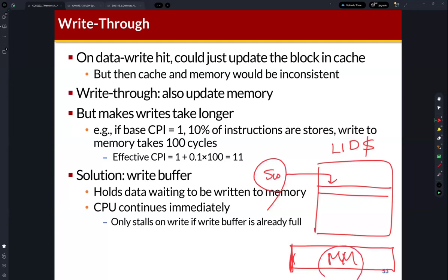But now we have learned about the cache. So we can assume the scenario where the store instruction is executed and tries to access the cache, and the requested block is found in the cache. Then what should we do?